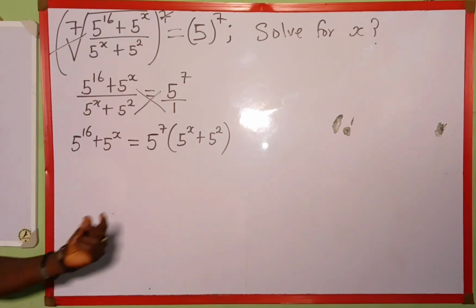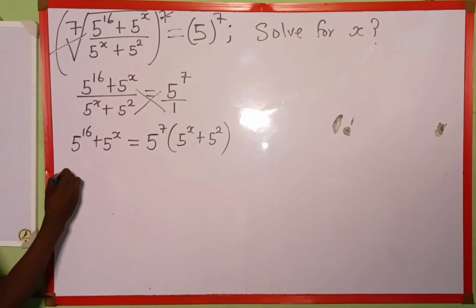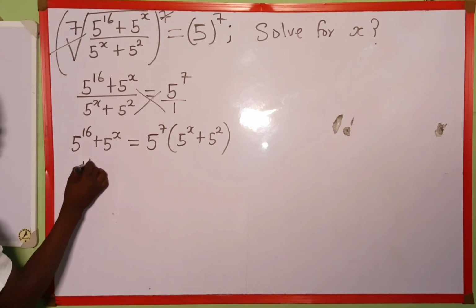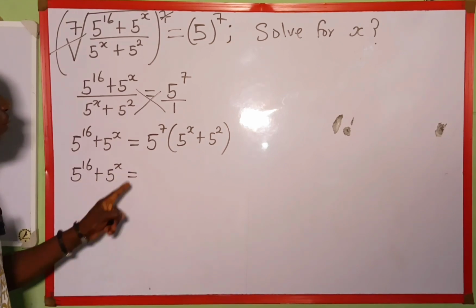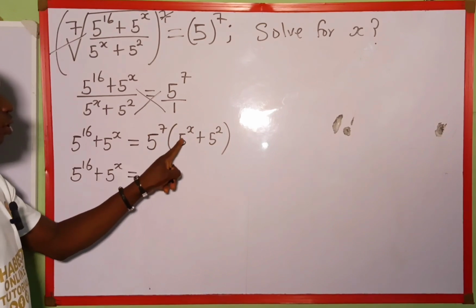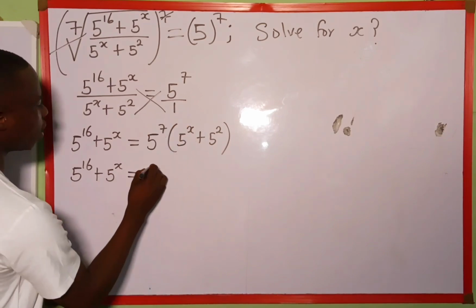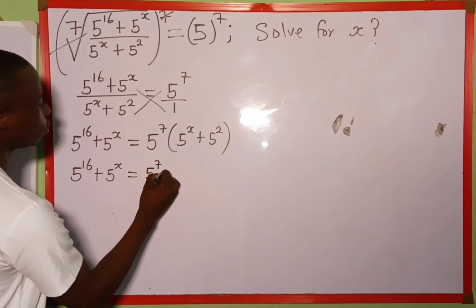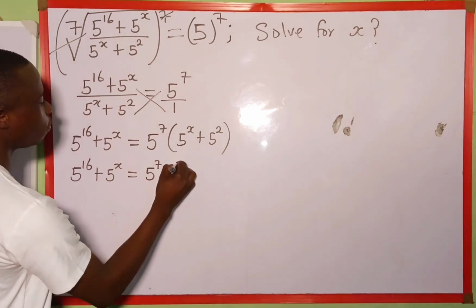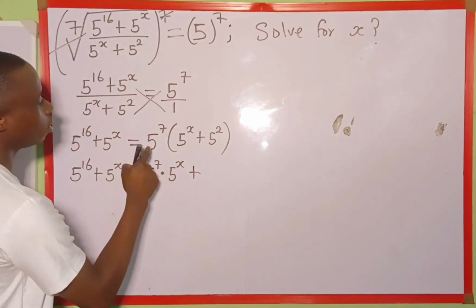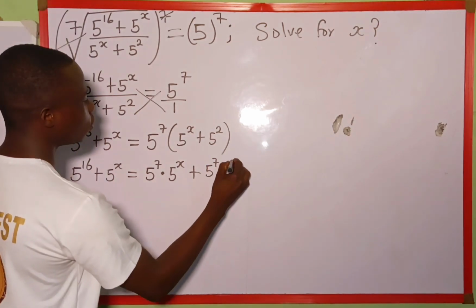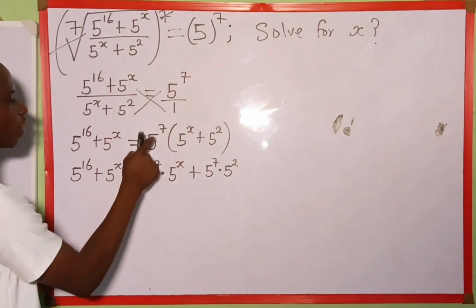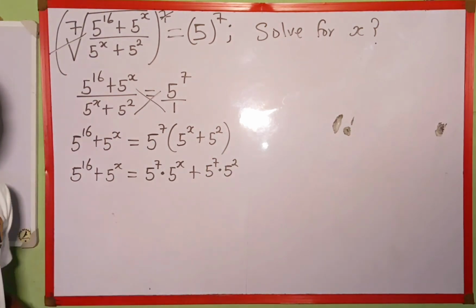Now the next thing we're going to do is to open this bracket. So in the left hand side, we have 5 to the power of 16 plus 5 to the power of x, which is equal to 5 to the power of 7 multiplied by 5 to the power of x, plus 5 to the power of 7 multiplied by 5 to the power of 2. So we distribute this 5 to the power of 7 into the bracket.